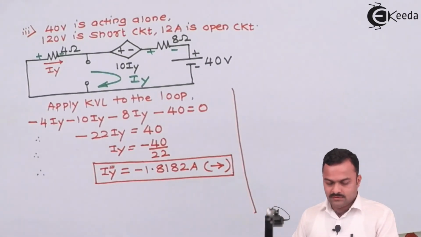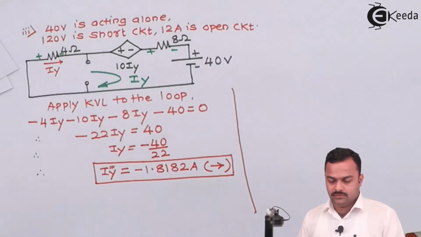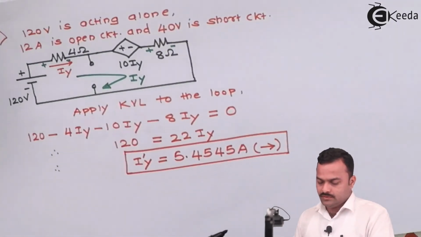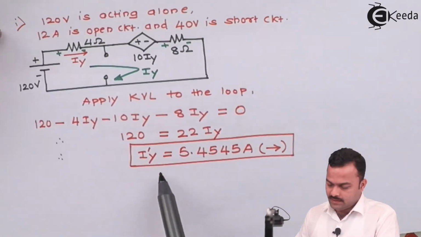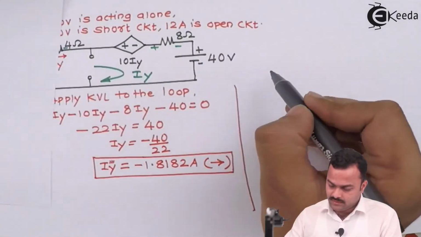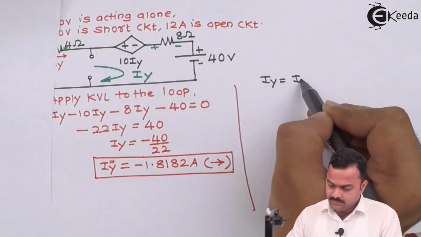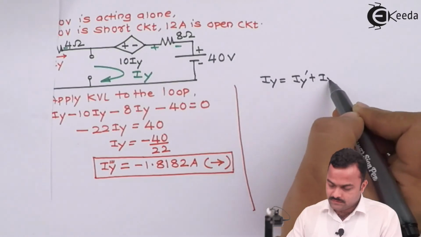Now we got three values, one because of each source. Because of the 120, we are getting IY dash as 5.4545. So the total current, whenever we consider, IY is the algebraic sum of all these three currents.